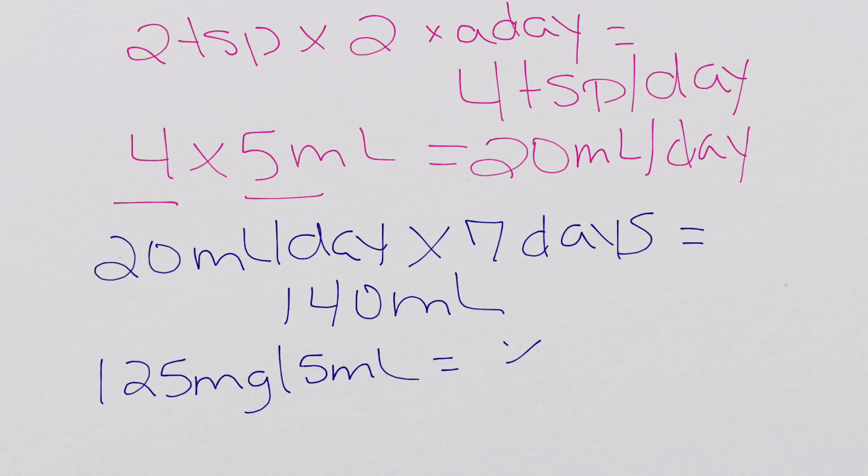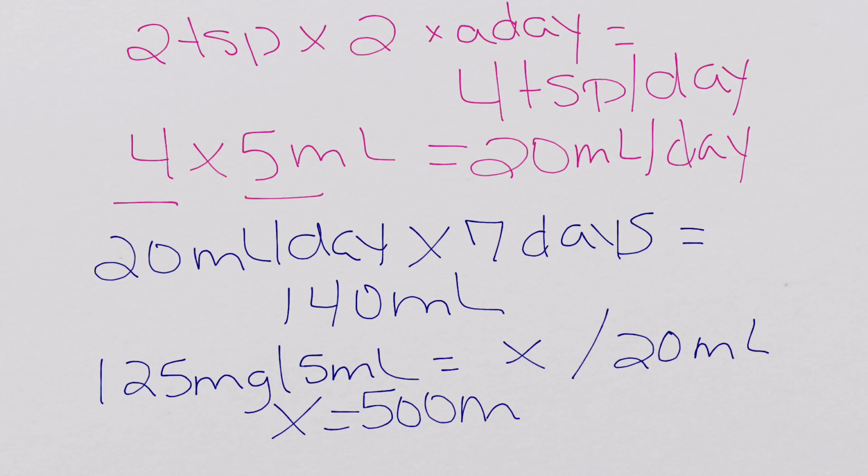So we can kind of do the X thing over 20 mLs, and solve for X. 20 times 125 divided by 5 is 500. So they're taking 500 milligrams per day.